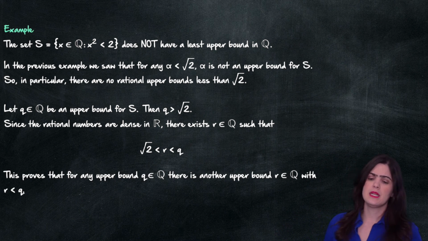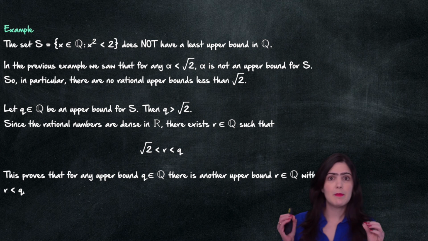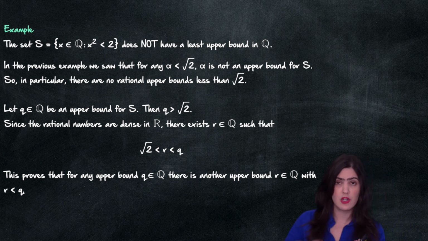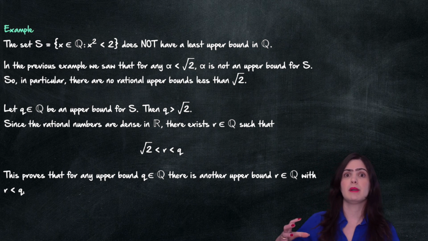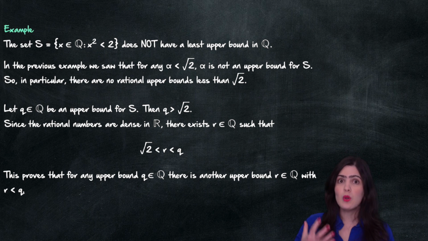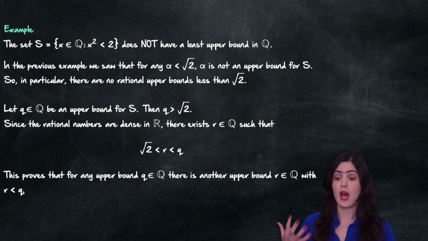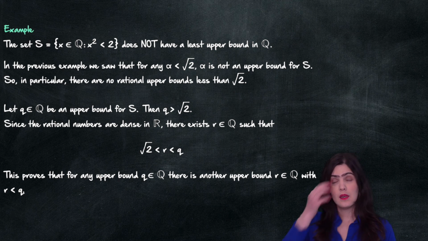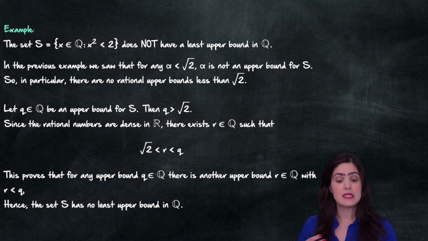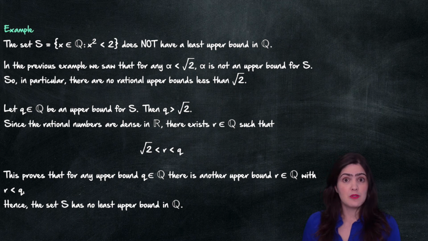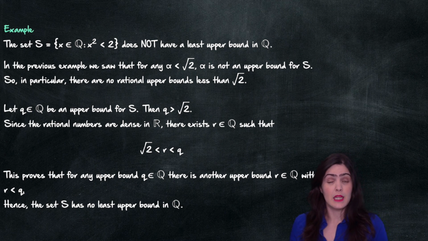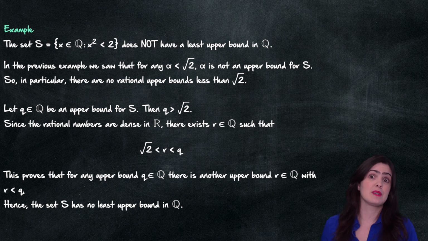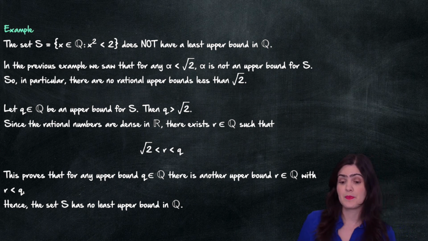But what this is showing is that no matter which upper bound I pick, Q, that is a rational number, I can always find another rational number r that is less than Q. Okay, but if that happens, that means that it is impossible to find the smallest upper bound in Q. Therefore, the set S has no least upper bound in the set of rational numbers.